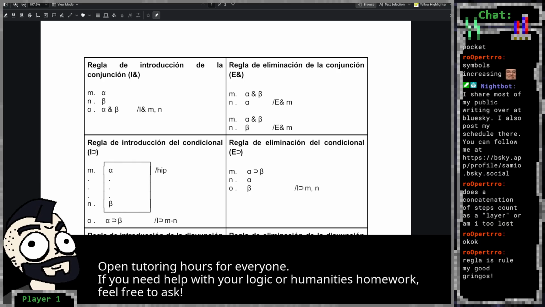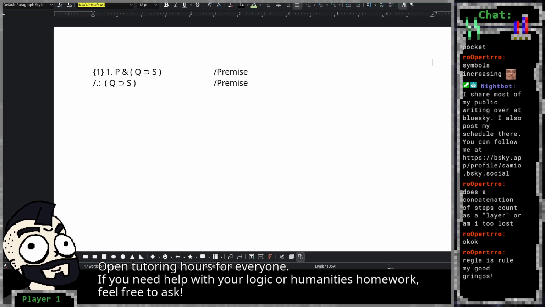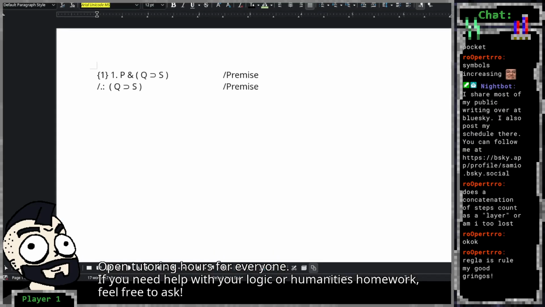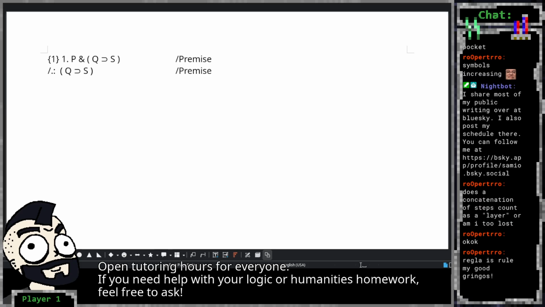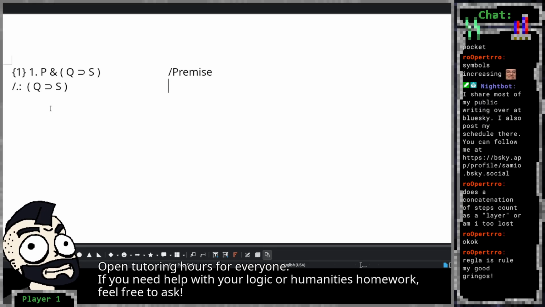Or as vague, rather, because everything is abstract now. There we go. No, wait, this is not a premise, this is a conclusion. So these funny symbols mean that this is a desired conclusion. Basically, this means when you reach this sequence of symbols, you can stop.